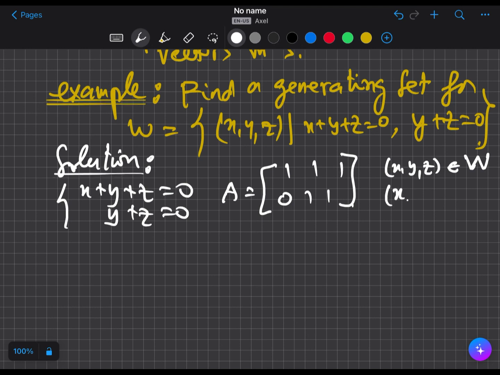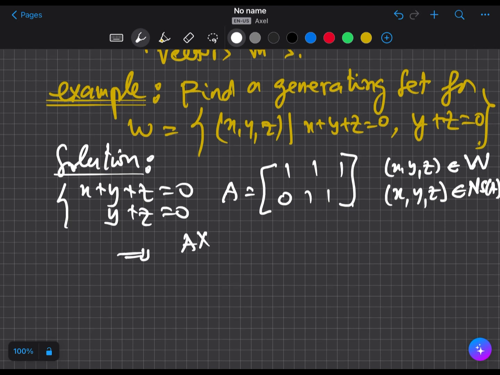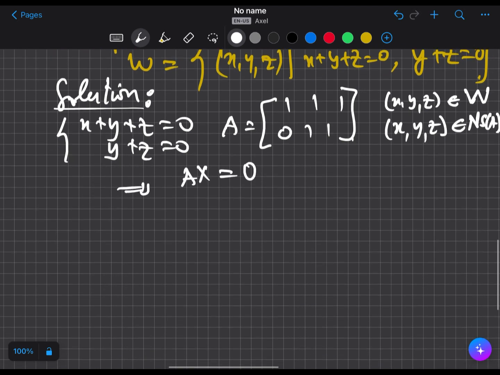and also (x, y, z) belongs to the null space of A, because this equation is the same as Ax equals 0, isn't it?